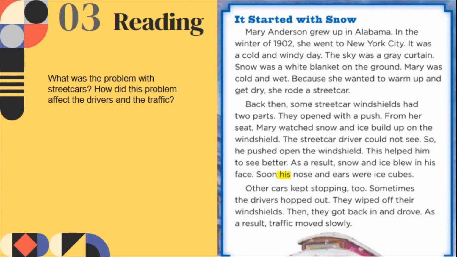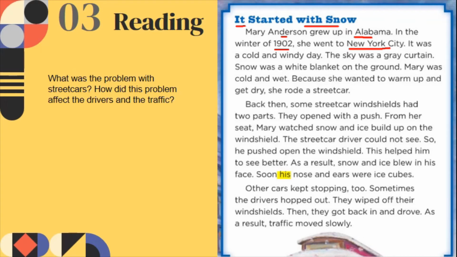So now that we have watched a short video about windshield wipers, we are going to continue reading. We have the heading here: It Started with Snow. This is how the story started. Mary Anderson grew up in Alabama. In the winter of 1902, she went to New York City.